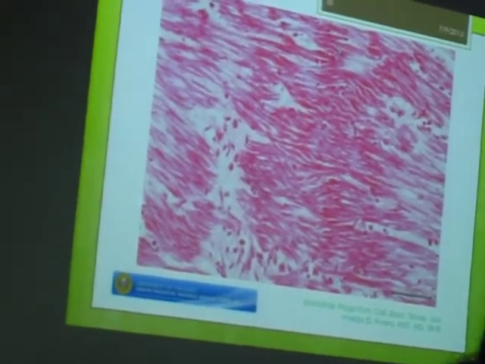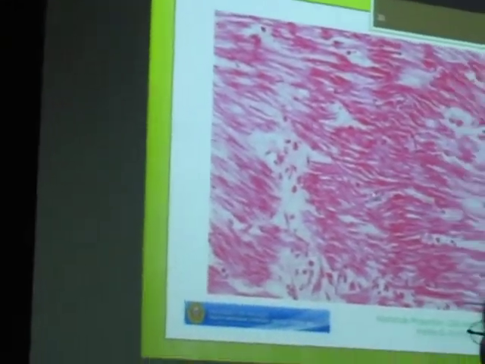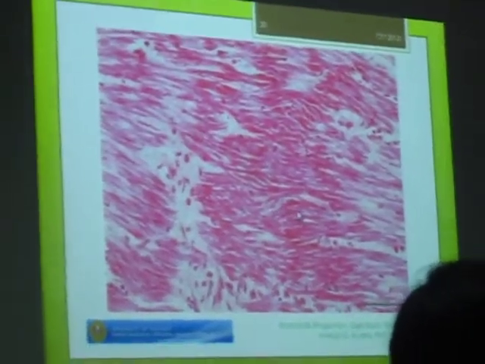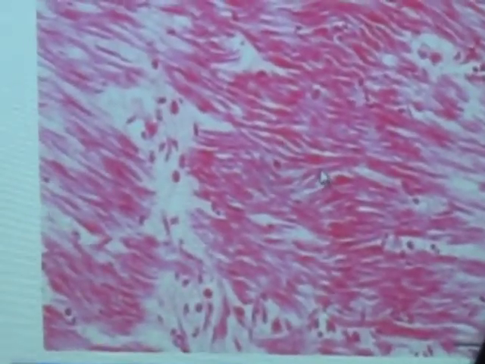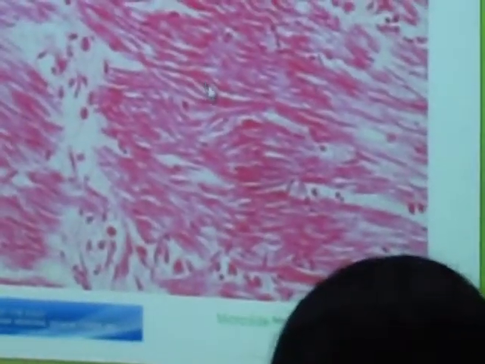Classify the pointed tissue. So look at the shape of these cells. Spindle shape, yeah. Smooth muscle. Correct. Smooth muscle, you have spindle-shaped or fusiform cells with elongated nucleus.